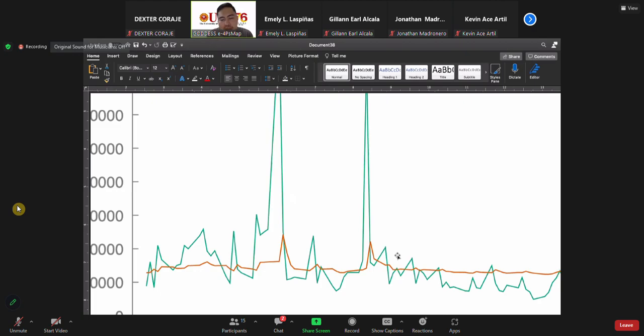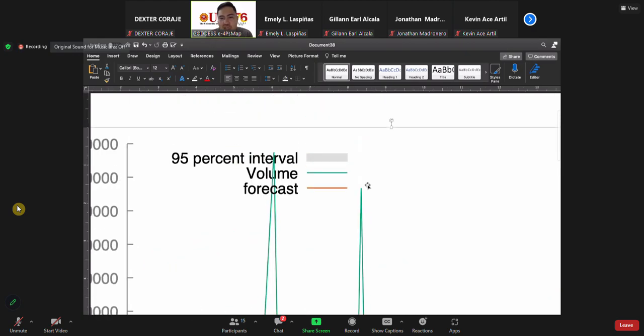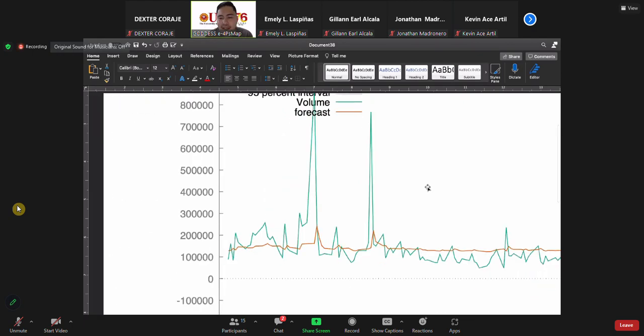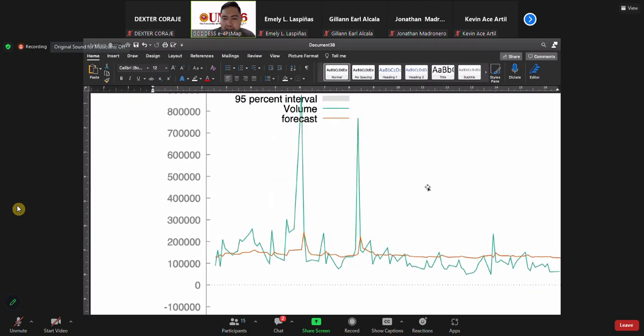So, I mean, these are stochastic errors to begin with. There are specific events siguro that lead to the rapid increase in the stock market, something like that. Now, an indication that your forecast model is very close to the reality is that when your forecast tends to overlap your actual data.